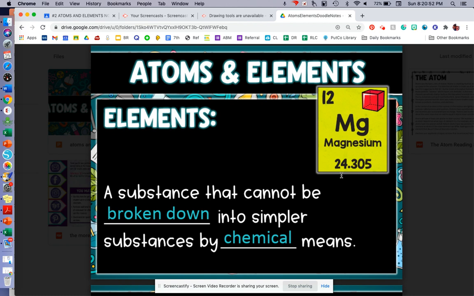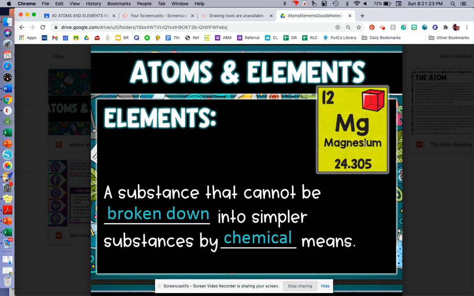Our number here at the bottom is our atomic mass. I had some people who were confused about why it's a decimal, and that makes sense because I told you in our notes video that we can't have parts of protons, neutrons, and electrons, and that's true. That's because this number is an average. Sometimes we have 12 protons and 12 neutrons, but sometimes we have 12 protons and 13 neutrons.